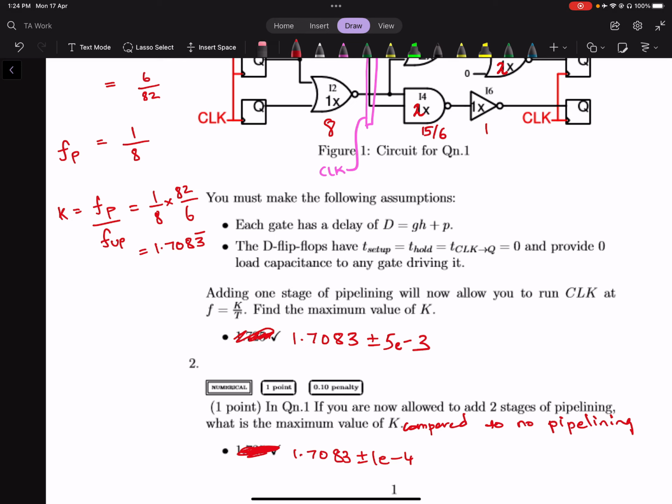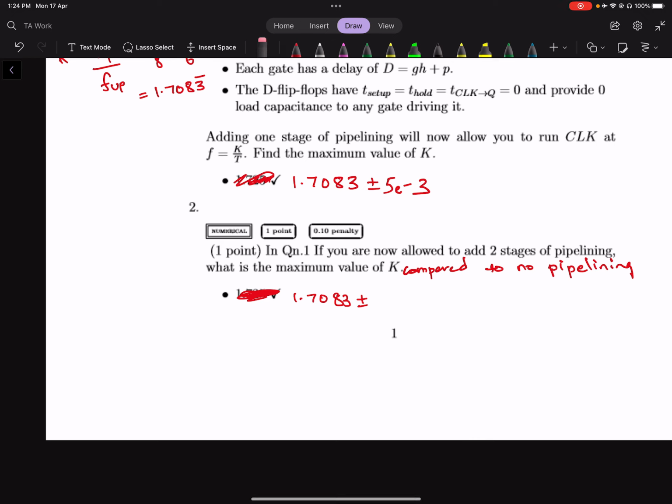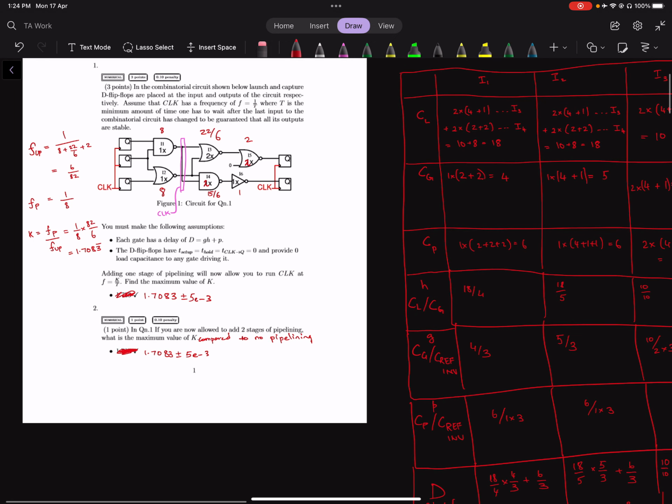Yeah, so this is the range to which the answer has been configured. And this is the question.